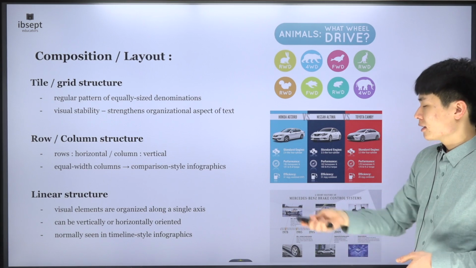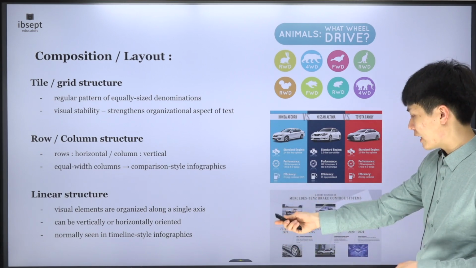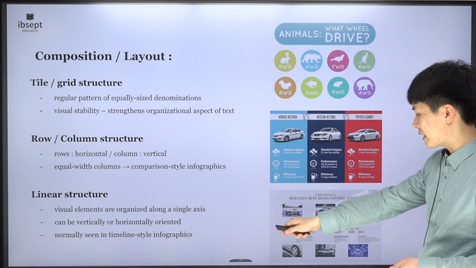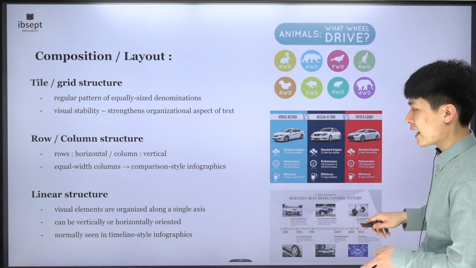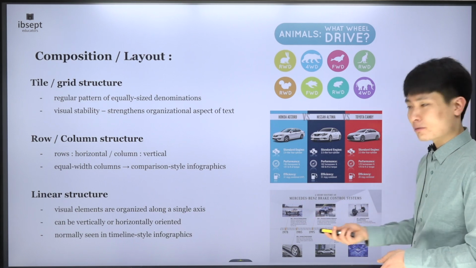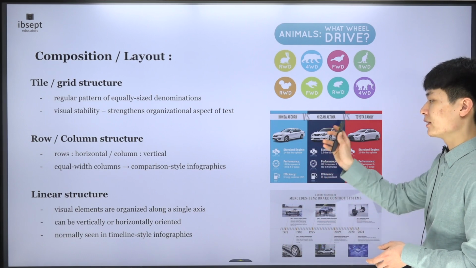its information. We also have what is called the linear structure. So down below you have information that has been organized along a single axis. And this axis, right now, is horizontally oriented, but it can easily be vertically oriented as well.